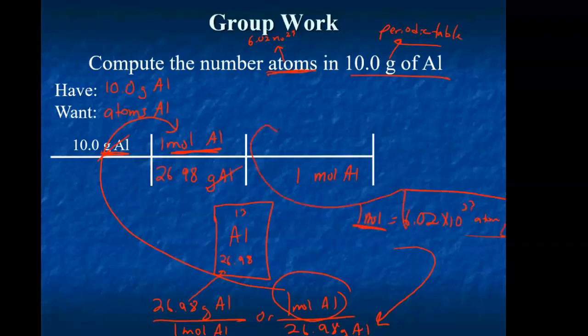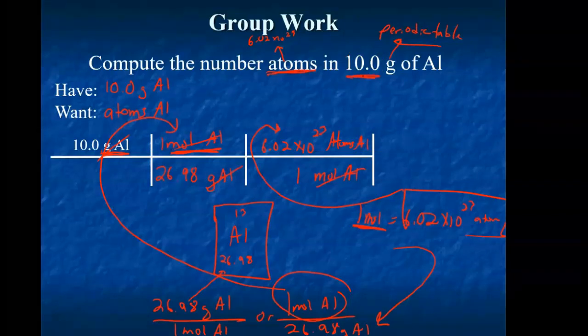This will go on the top. Atoms of Al. Unit cancels. And then when we do this, we can only have 3 significant figures in our answer, right?